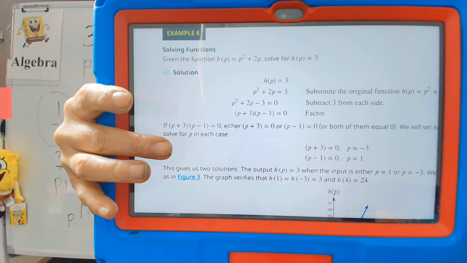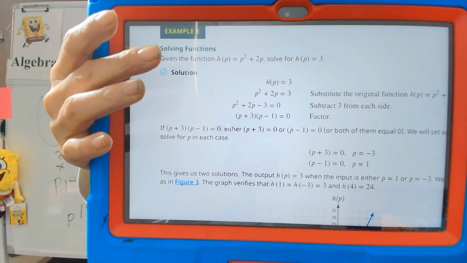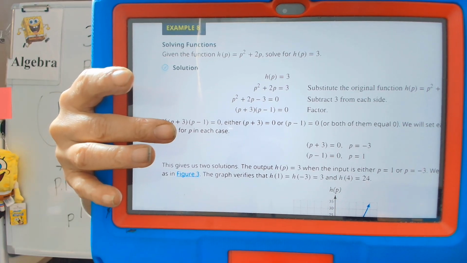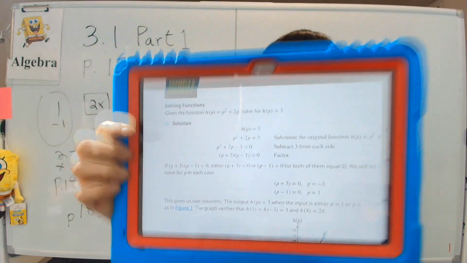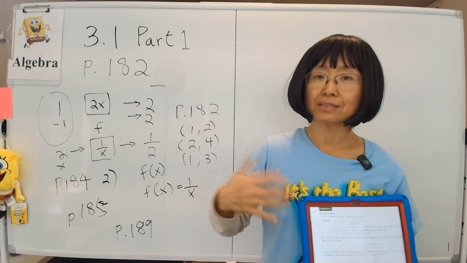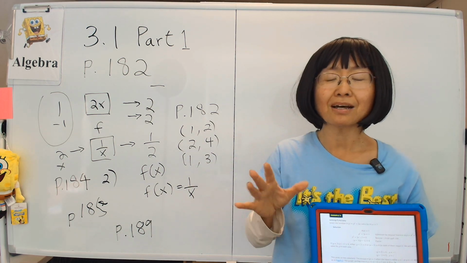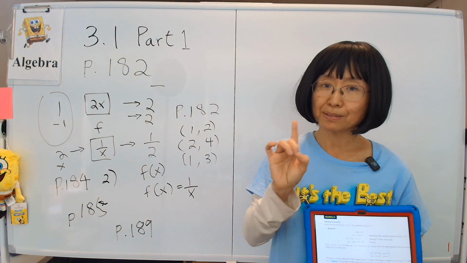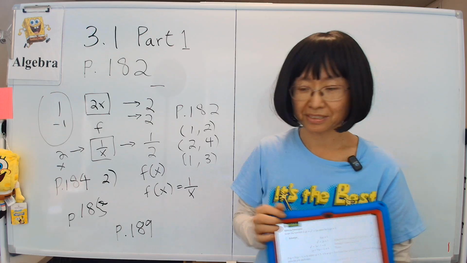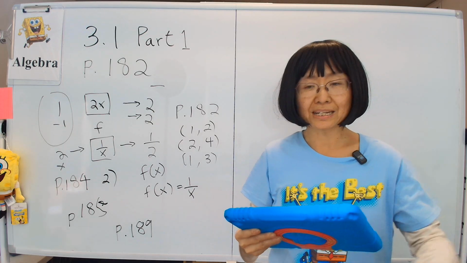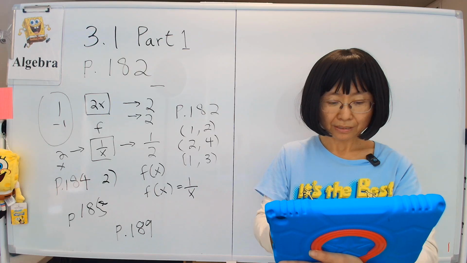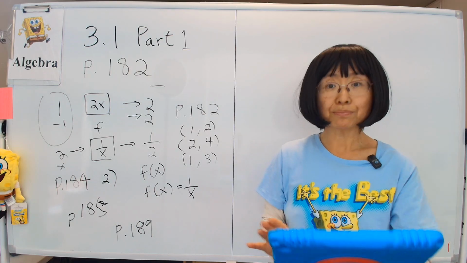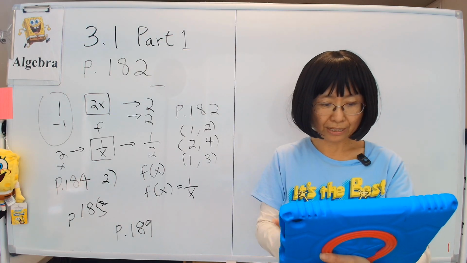Okay, and they are both acceptable answers, because that means the function will take minus 3 to 3, and then take p equals 1 also to 3. It's okay that the function spits out the same answers, as long as it spits out one specific answer and not get confused about which answer to give. Okay, so that's example 8. Please do that as part of your homework.